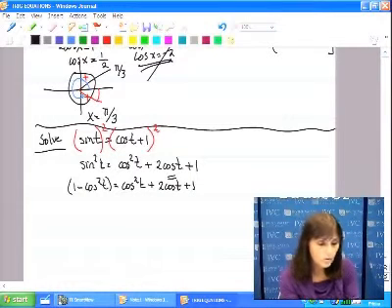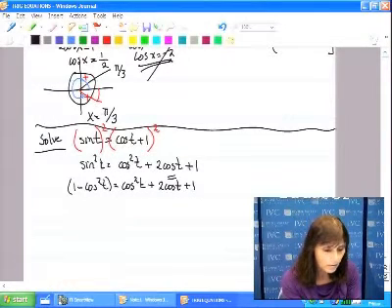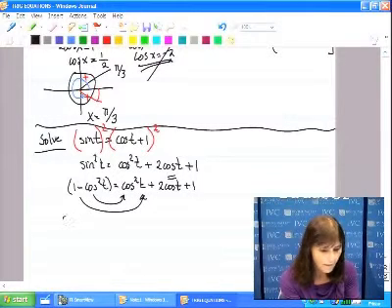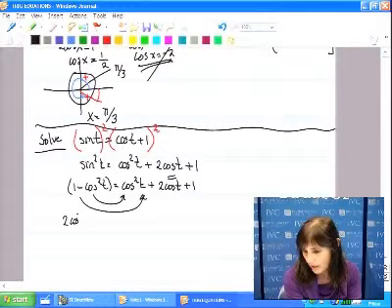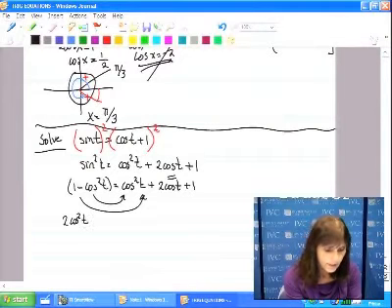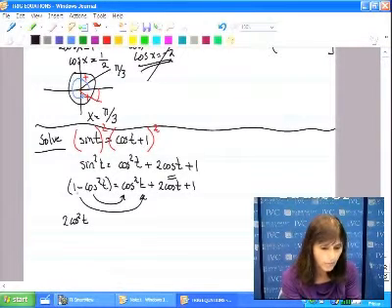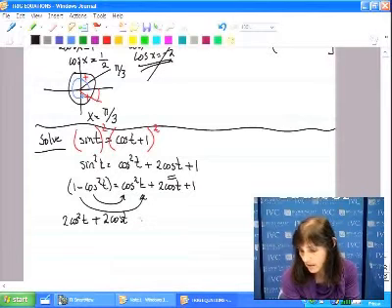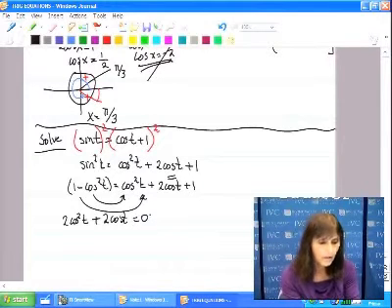Now let's move everything to the right. I'm going to move this to the right and move this to the right. So I'm going to have 2 cosine square t. When you move this to the right, now you're going to have 1 plus 1. So that's going to disappear.